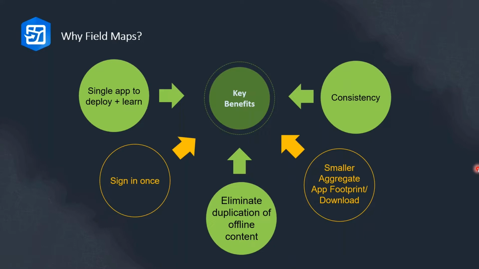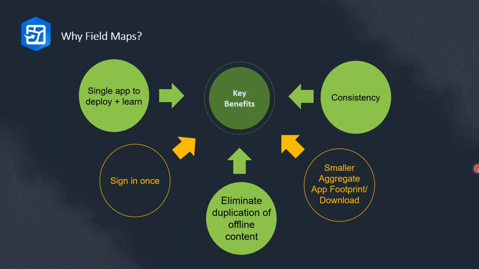So Esri listened and built Field Maps, and they are consolidating the majority of their field apps into Field Maps. As apps are integrated into Field Maps, they will start to go away, simplifying the overall field operations story. This change will also allow us to deliver new features faster.